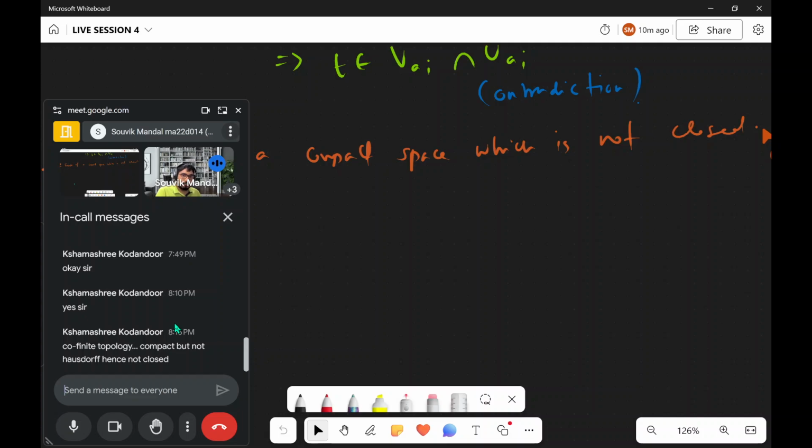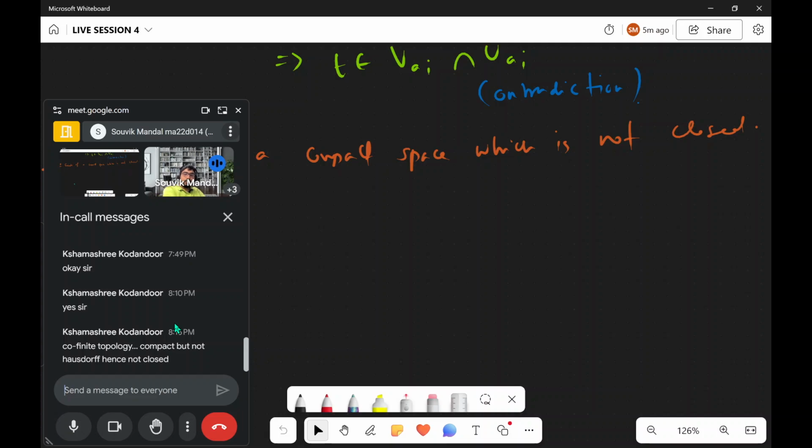Now, if you take the full cofinite topological space, then of course the full space is closed in itself, so there you cannot give the example. Do you understand my point?